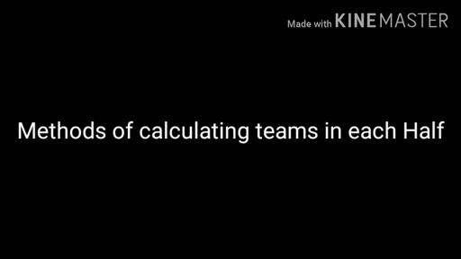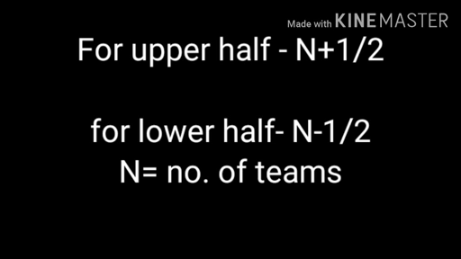For the upper half, we will use the formula n plus 1 upon 2, where n is the number of teams. And for the lower half, the formula is n minus 1 upon 2, and here also n is equal to the number of teams.